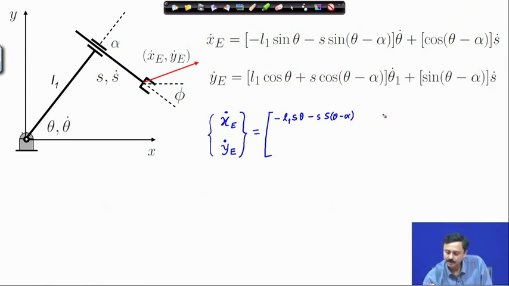I can write this out in the form of a matrix.